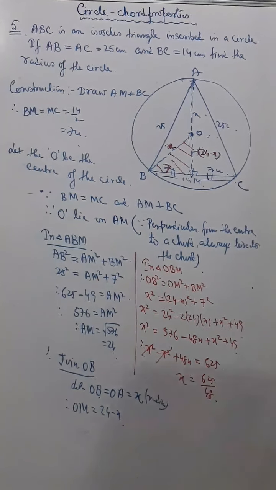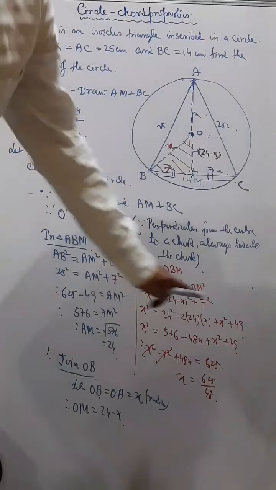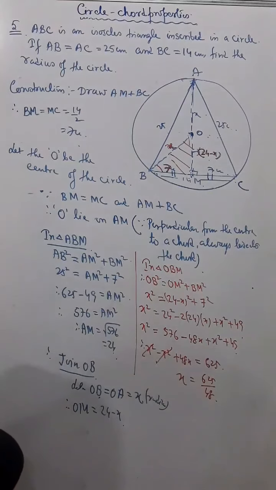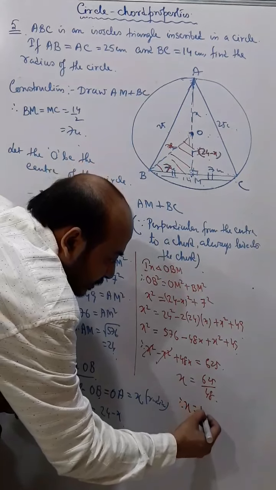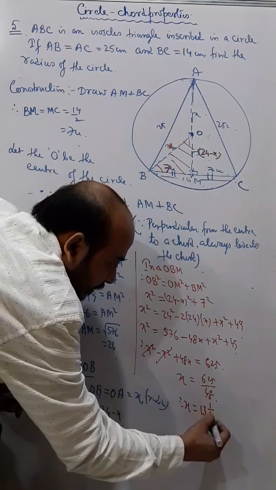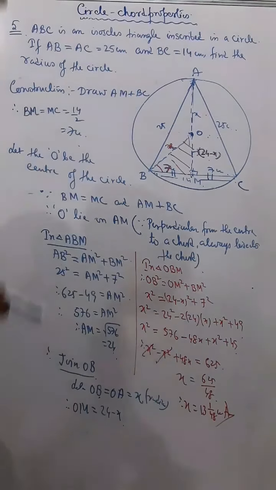That is the answer. You can keep your answer as a mixed fraction, so you will get 13 1 by 48. So x is equal to 13 1 by 48 centimeter, and that is the answer. Okay, understand?